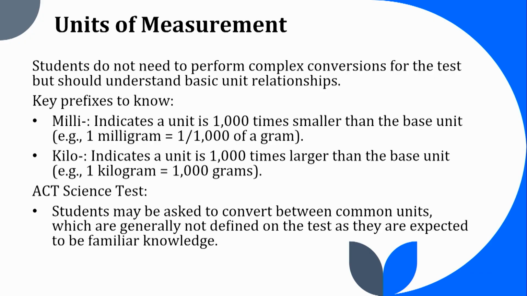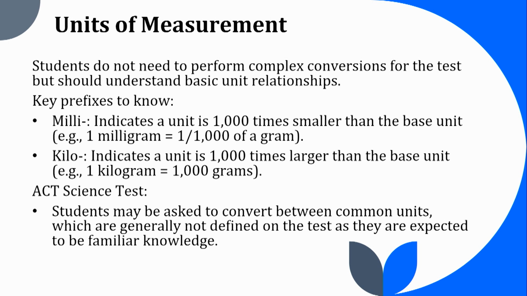Students do not need to perform complex conversions for the test, but should understand basic unit relationships. Here are a few key prefixes to know. You're going to want to know a lot of the things on the metric system. For example, if you see the prefix milli or kilo, you should know what that's indicating.